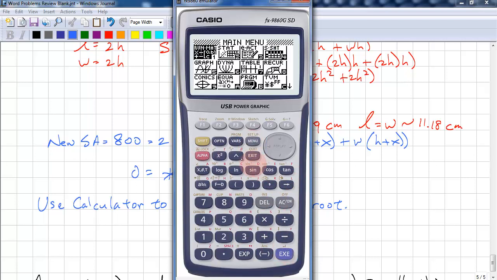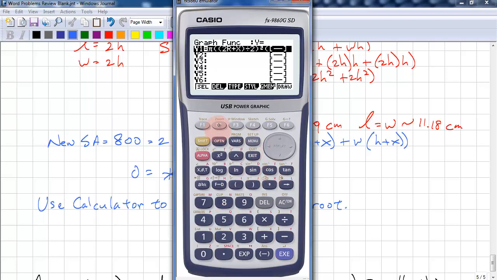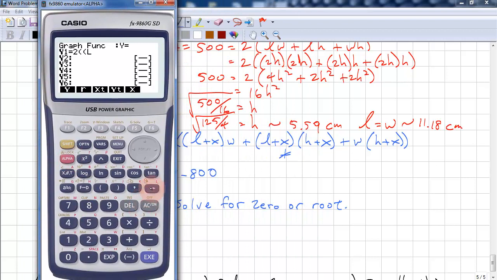Now we can go into our grapher. 2 bracket bracket L plus X, W plus L plus X, and we have H plus X as well, and we have W, and we have H plus X. And we're subtracting 800.